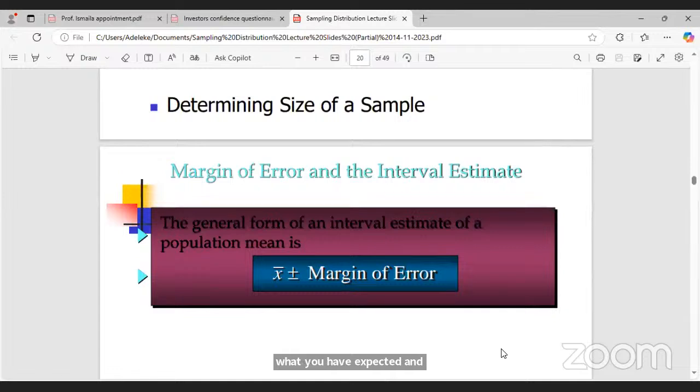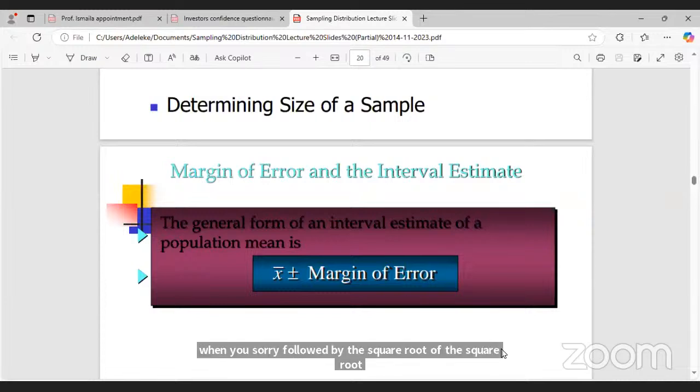That margin of error is computed as your standard error times the value from the table. Either you use Z or you use T. The standard error is your standard deviation all over the square root of the sample size.